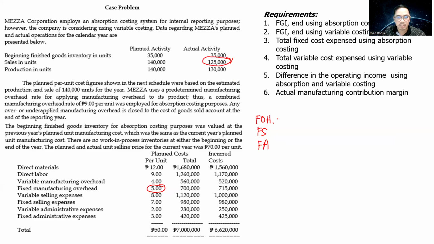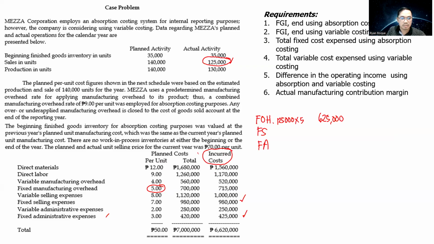So that would be 125,000 units times 5, which gives you 625,000. How about for fixed selling? We have your fixed selling of 980,000. And then fixed admin of 425,000.